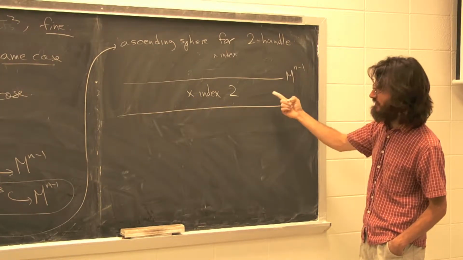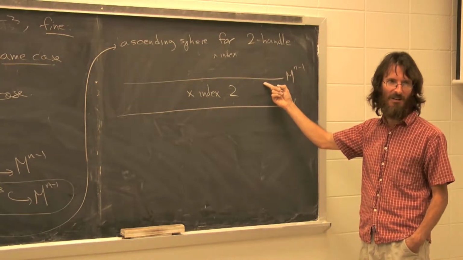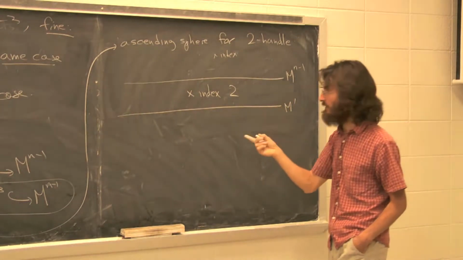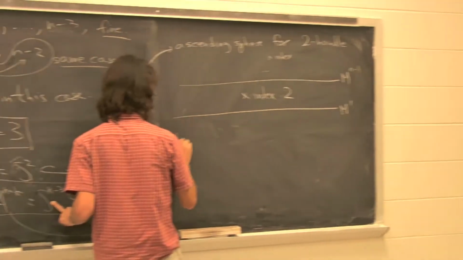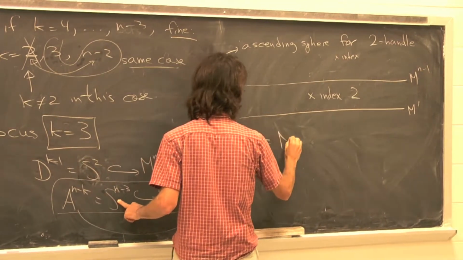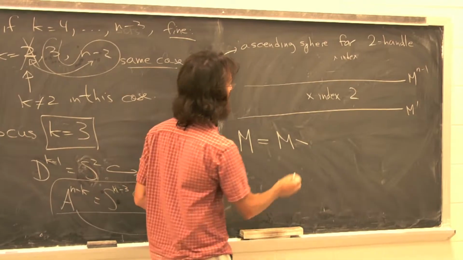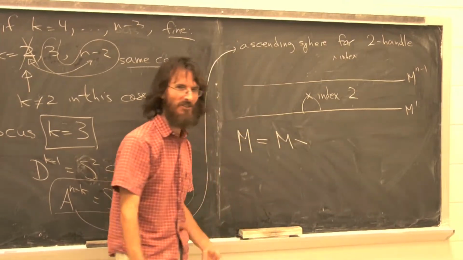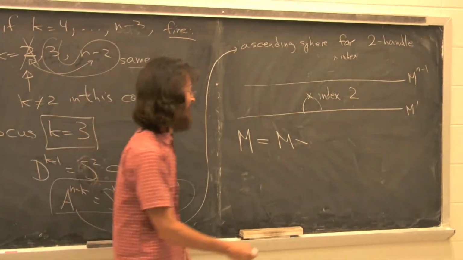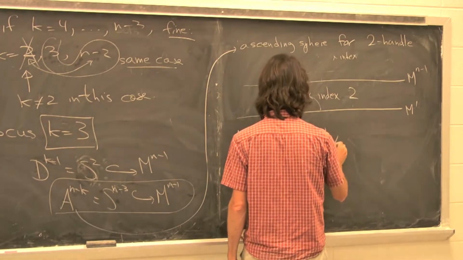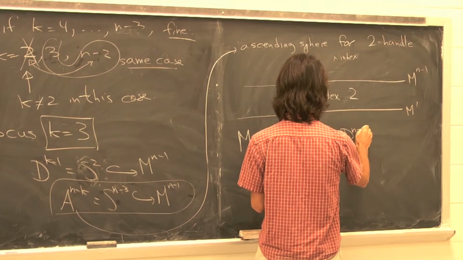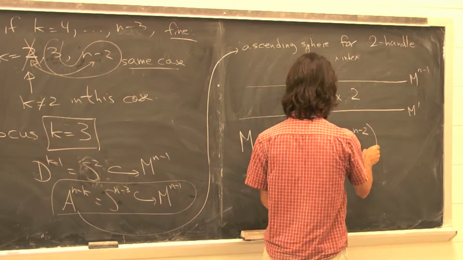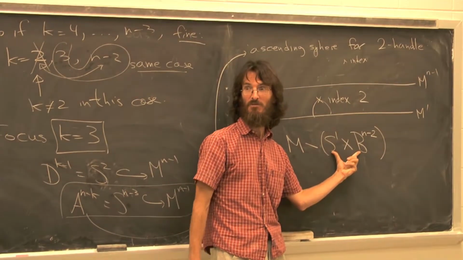And of course, we go back to thinking about surgery again, right? So this n minus 3 sphere: M prime is M minus, well, I attached the index 2 critical point, right? So I took out an S1 in the surgery, M minus S1 cross a ball of dimension n minus 2, so that the total dimension is n minus 1.